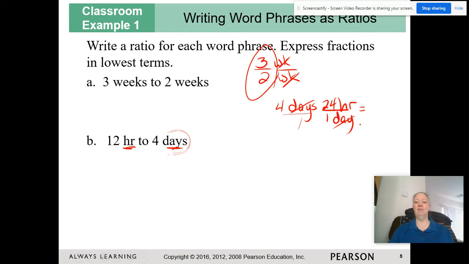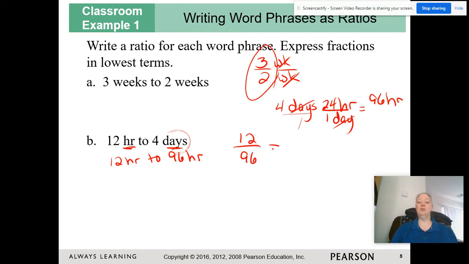On the top, I have 4 times 24, which is 96, and I still have my unit hour, and on the bottom, I have 1 times 1, which is 1. So this gives me 96 hours. So 12 hours to 96 hours, we would write as 12 over 96.